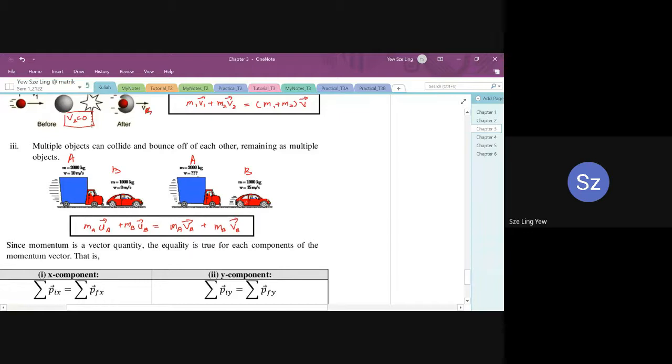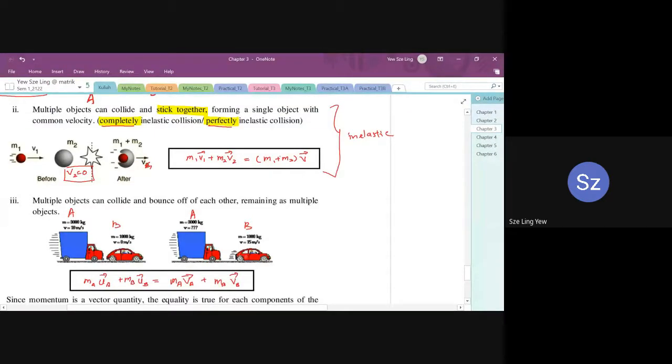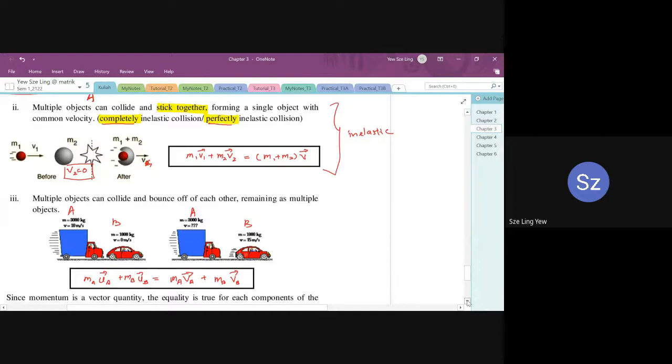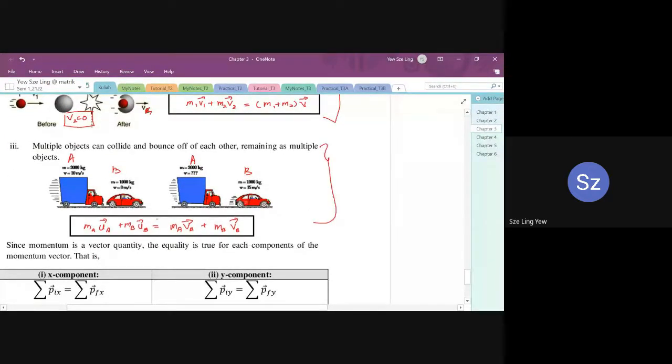Not sticking does not mean it is an elastic collision. Case number 2, stick together, is definitely inelastic. But case number 3 could be elastic collision, it could be inelastic collision. Just that it is not perfectly inelastic. It is inelastic but not perfectly inelastic if they are not stuck together.